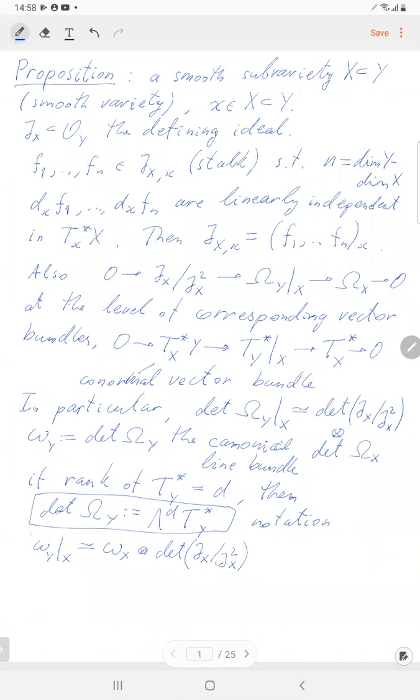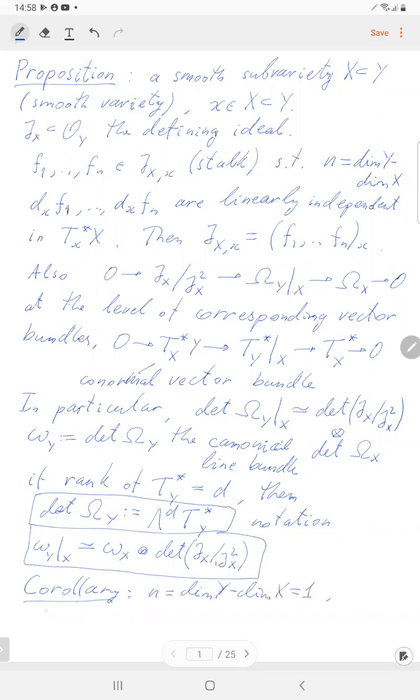So this is an important formula, and I will prove this proposition on the next page, but here let's formulate a corollary. In this corollary, the codimension n we had above is just one.